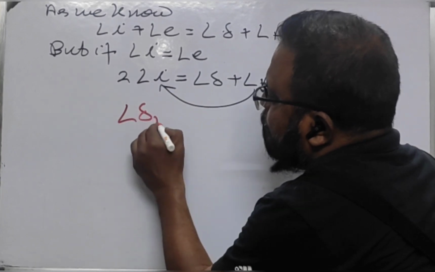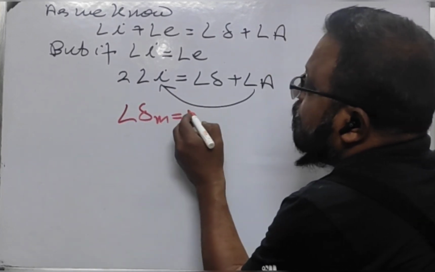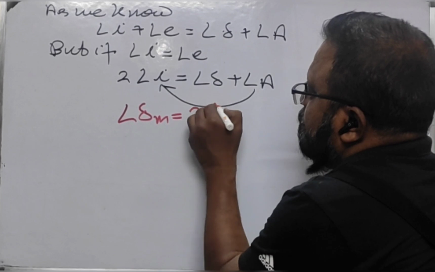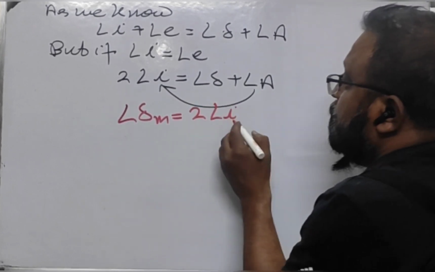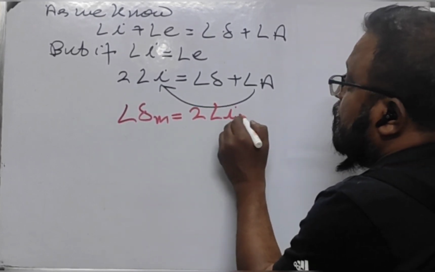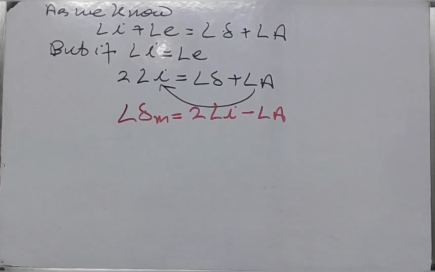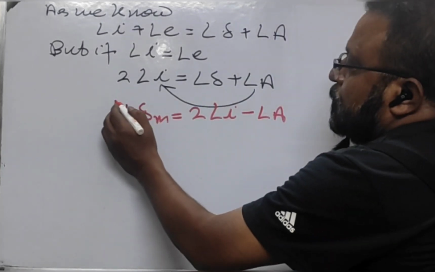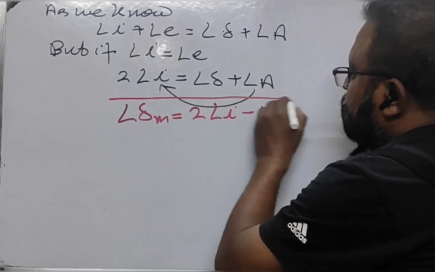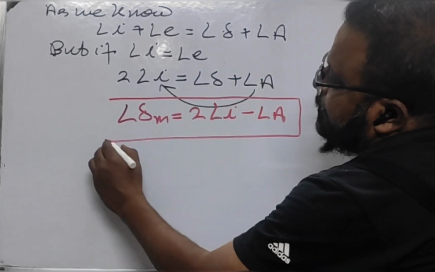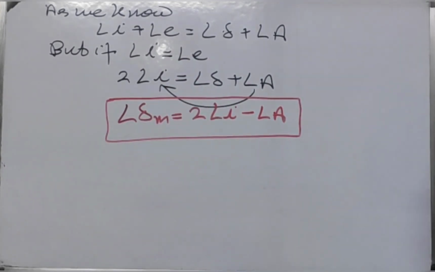Angle of minimum deviation is equal to 2 angle I minus angle A, right? This is known as angle of minimum deviation.